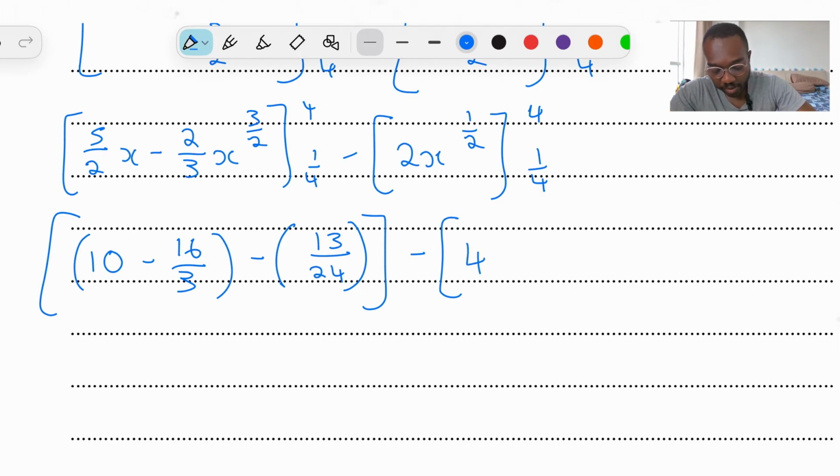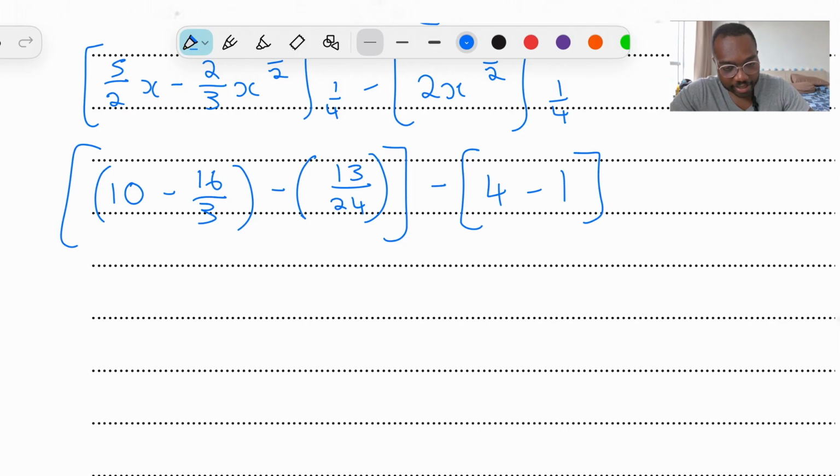And then if we do the same thing, we get 2 times the square root of 1 over 4, which is a half. 2 times a half is 1, so we get 4 minus 1. Therefore, we get 10 minus 16 over 3, minus 13 over 24. If you just work all that out on your calculator, you get 33 over 8.